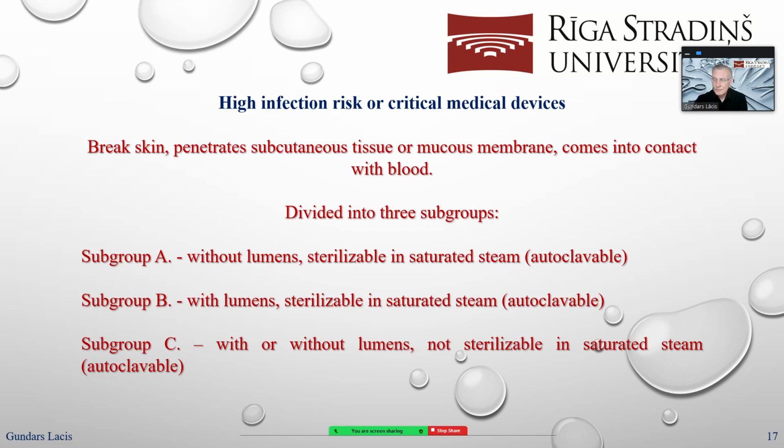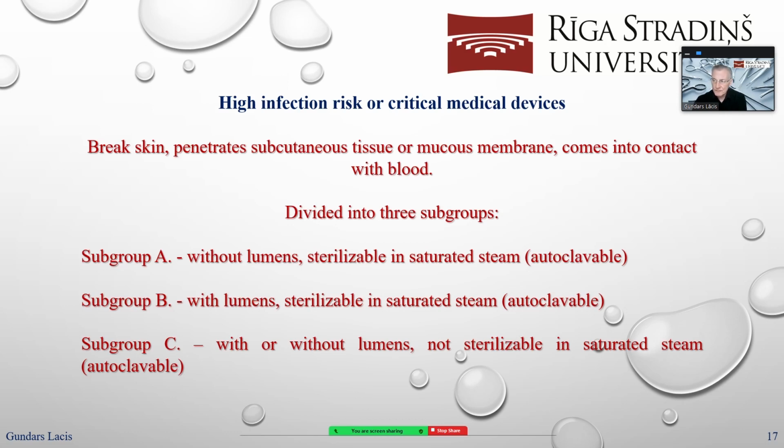High risk or critical medical devices. By definition, breaks skin, penetrates subcutaneous tissue or mucous membrane, comes into contact with blood. Please understand, not only "and comes into contact with blood", but "or contacts with the blood".